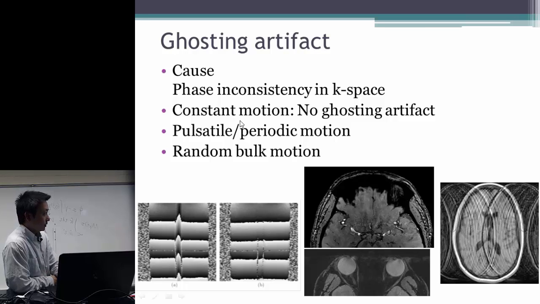So sometimes random bulk motion can also give you different ghosting artifacts, but because it's random, the spatial frequency of the ghosting artifact may not be that clear to you because of the random nature of those motions.